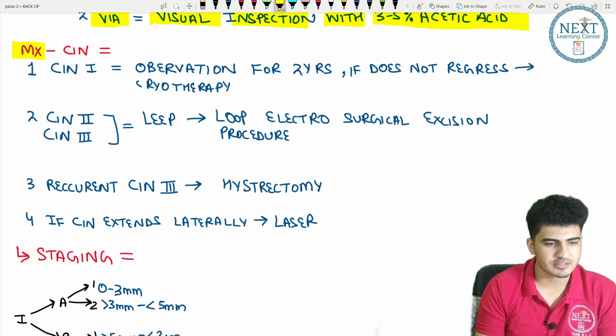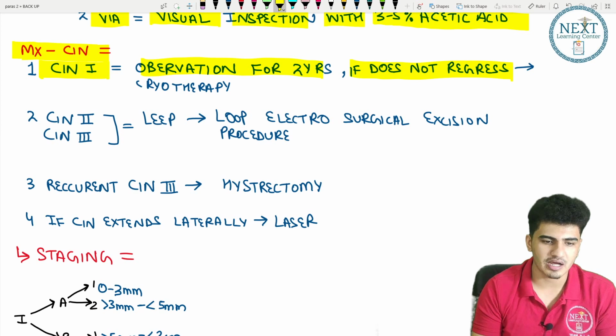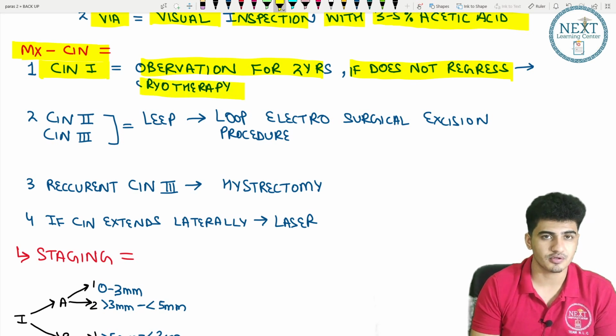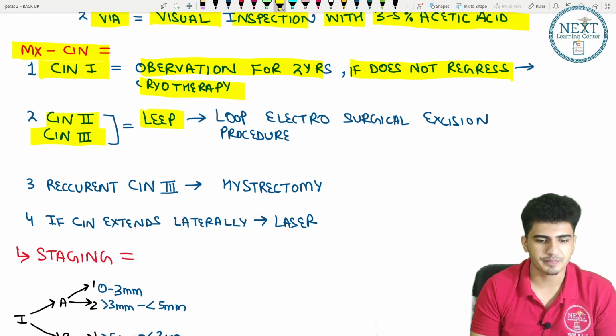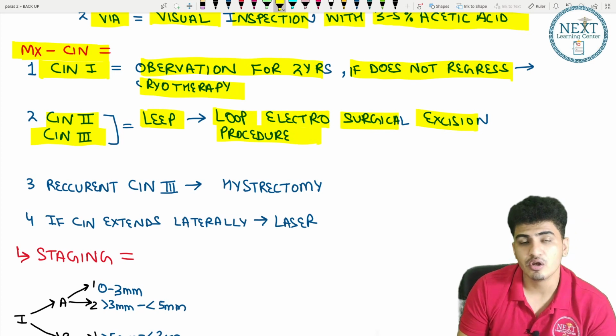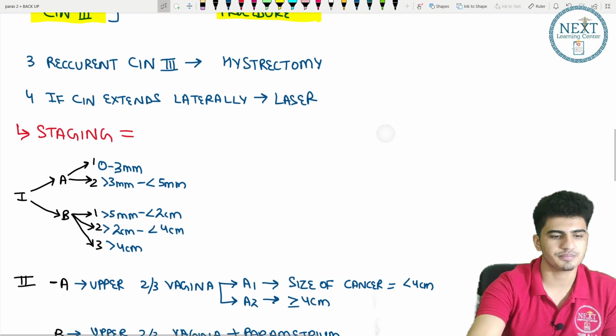Management of carcinoma: remember CIN 1, observation for 2 years. If it does not regress, cryotherapy. CIN 2, CIN 3: remember LEEP, loop electrosurgical excision procedure.